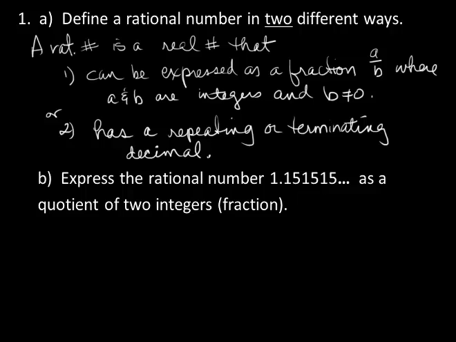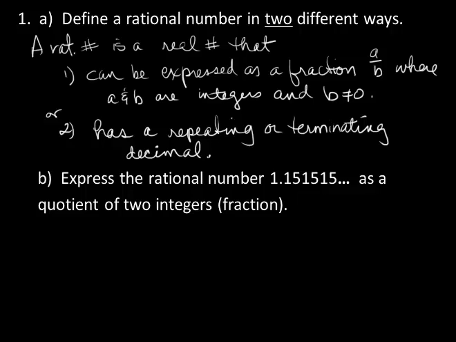We can just leave it at that. You don't have to put in the word terminating because really a terminating decimal like 1.3 is 1.3000 ... so it is a repeating decimal. It repeats zeros. But the word repeating is important.